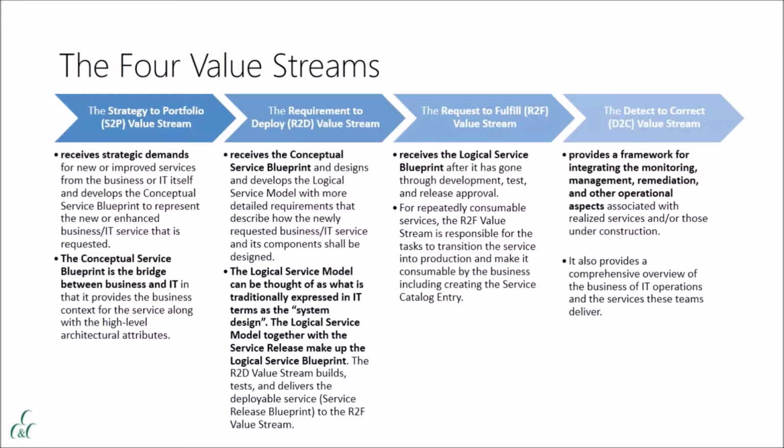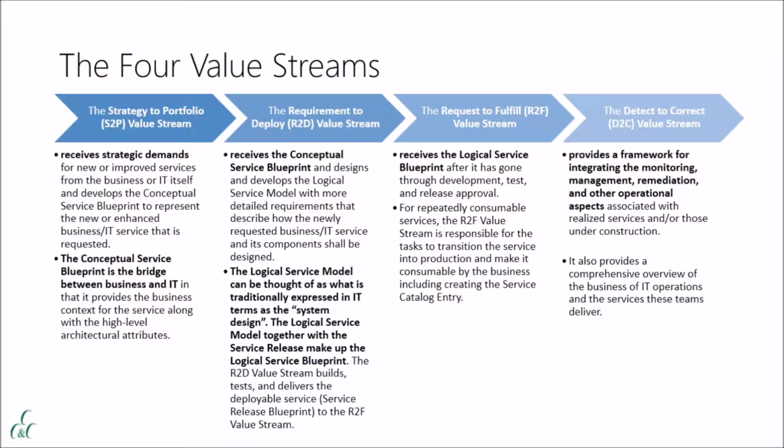Requirement to deploy takes those conceptual service blueprints and builds logical service models that actually describe in detail how this will work. And this is the work that the development team traditionally does. They build something that can be deployed. That's the logical model. And they create service releases, which can be handed to deployment people and put into production.